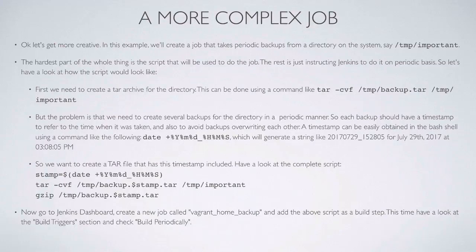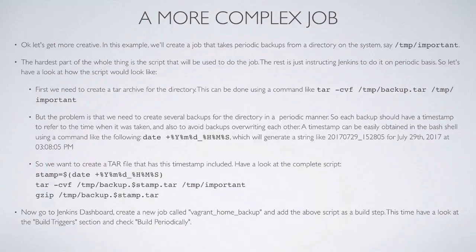So it's very common to see files that are ending in .tar.gz. This means that these are tar files that have been compressed using the gzip command. Of course, gzip is not the only compression method available. You can use whatever compression tool or command that you need. However, they are most commonly used together, tar and gz. Okay, so this can be done using a command like as follows.